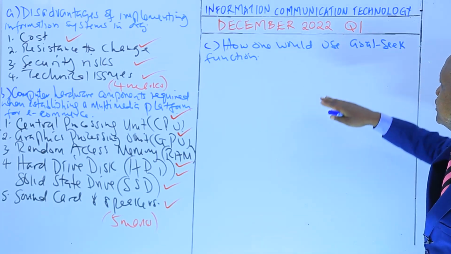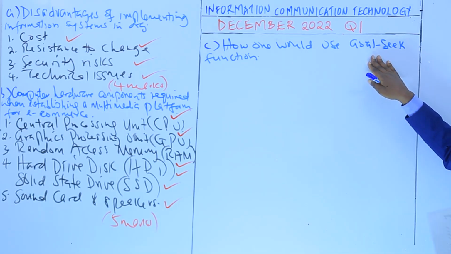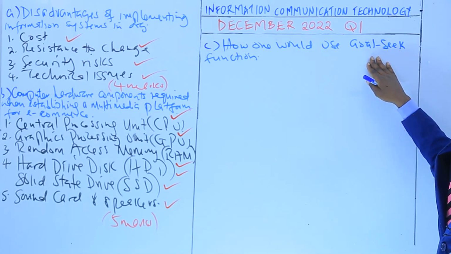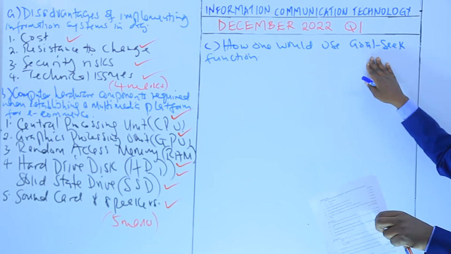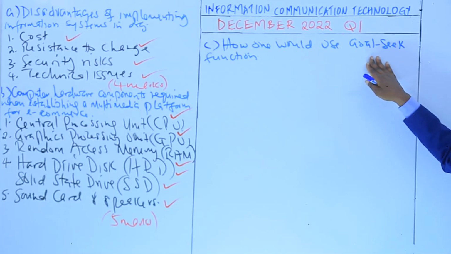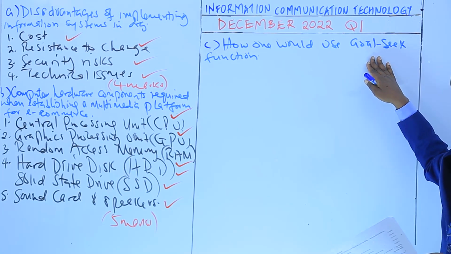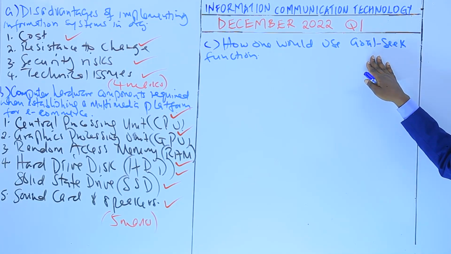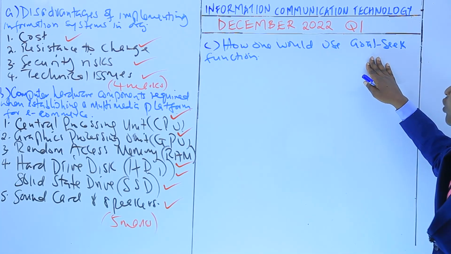Now, a goal-seek function is a tool available in spreadsheet software such as Microsoft Excel that allows users to find the input value needed to achieve a desired result. It is particularly useful in business scenarios where users want to determine the required input value to reach a specific goal or target.